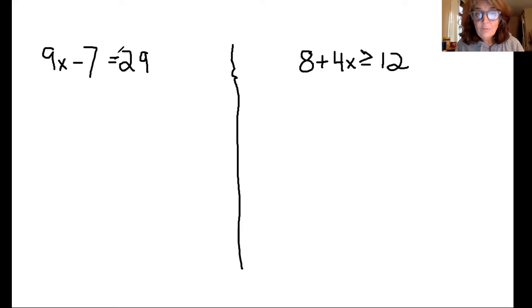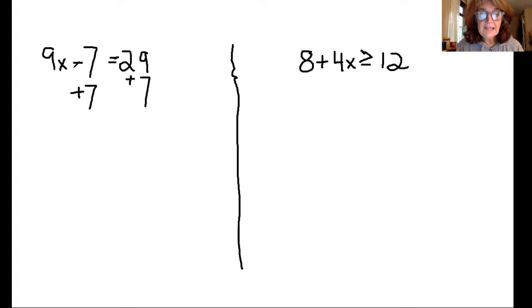And we know because of this equal sign that whatever we do on this side of the equation, we have to do on this side of the equation. So if I wanted to undo subtracting 7, I would need to add 7. And I also need to add 7 on this side. Because of this equal sign, I know that what I do to one side, I need to do to the other side.